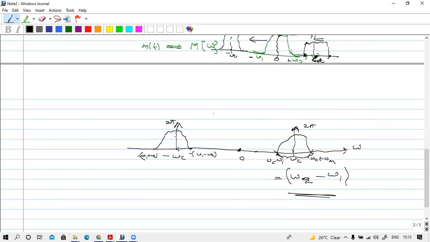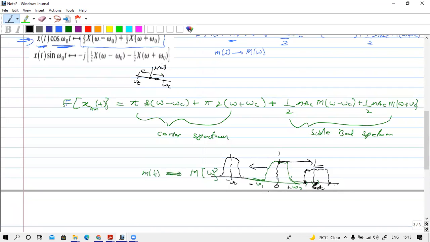Sometimes we consider only the plus part, so at that time we are not considering the minus parts. In some books, I think our reference book also, only the plus side spectrum is shown, but the minus side spectrum should also be available. It is not mentioned there. But the minus side spectrum is also there.